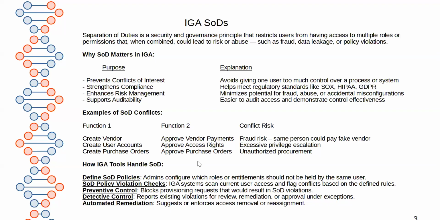So now we know what SOD is, why SODs matter to us, and what the different examples could be. Now let us understand how IGA handles this SOD. Handling SOD within IGA, there are going to be defined segregation of duties policies. There will be segregation policy violation checks.